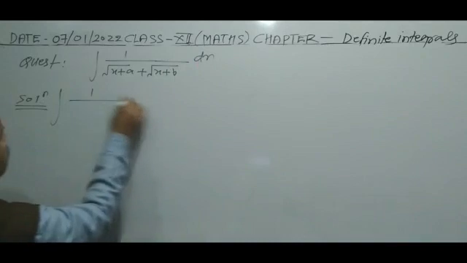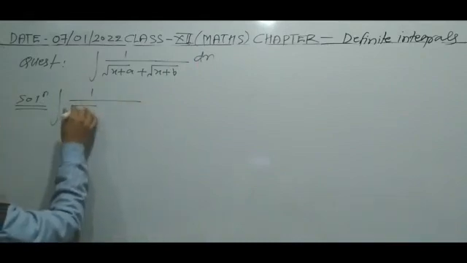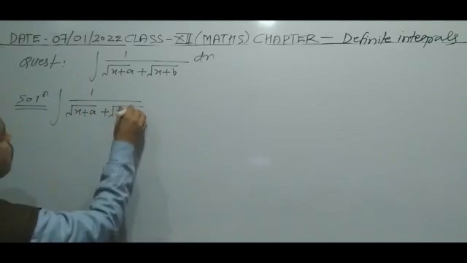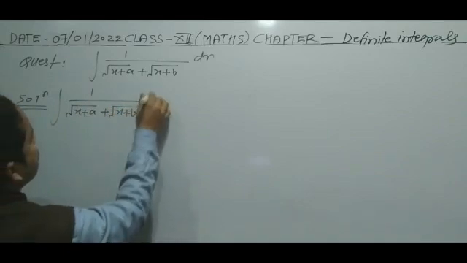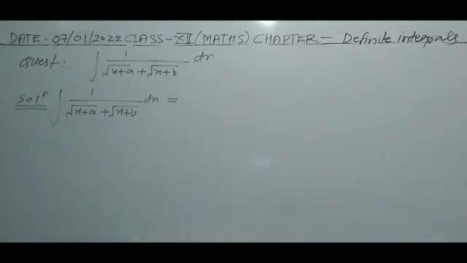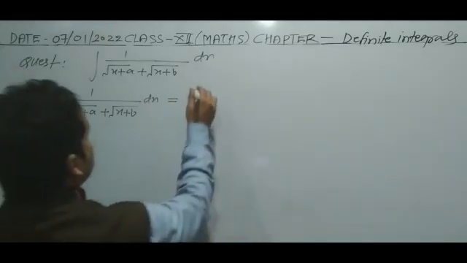1 upon root over x plus a plus root over x plus b dx is equal to, so in this format, suppose I am going to rationalize by a minus b.